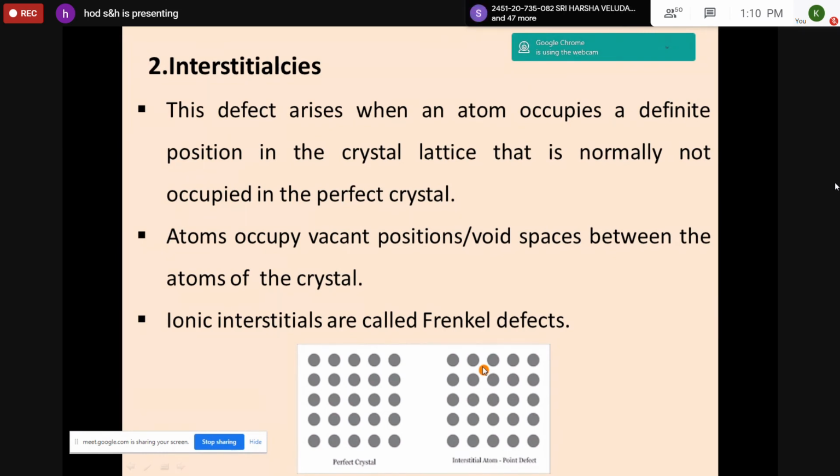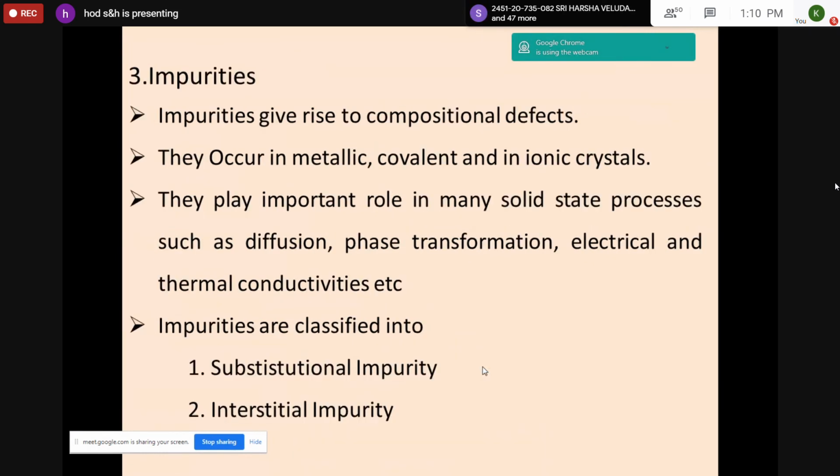And coming to the third one, they are called impurities or compositional defects. These impurities give rise to certain compositional defects in crystals, and they occur in all metallic, covalent, and ionic crystals. They are very crucial in deciding the electrical behavior, thermal conductivity, and properties such as structural properties, thermal properties, and also the phase transformation of the given crystal.